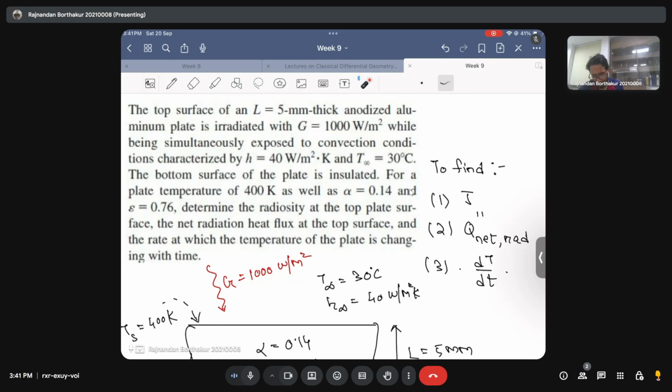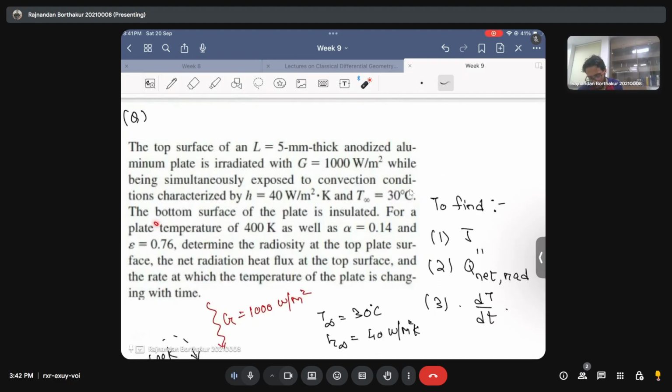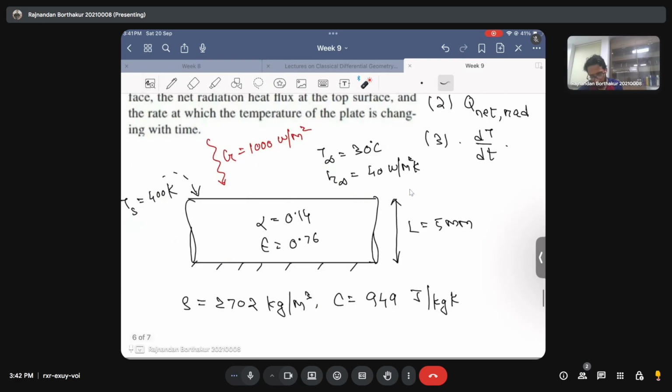So there is an aluminum surface of 5 mm thickness, irradiated with G equal to 1000, and in addition there is convective heat transfer because the ambient has a temperature T infinity, and the heat transfer coefficient is h, of magnitude 40 watt per meter square Kelvin. The bottom surface of the plate is insulated, which means it's an opaque surface and there is no transmission taking place from it.